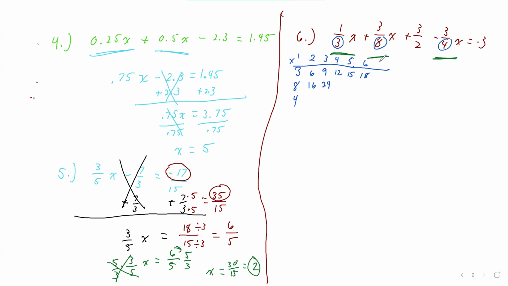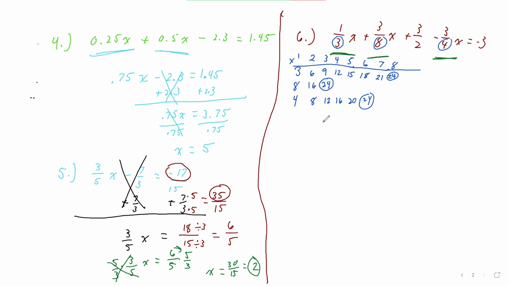Then I come back over here. 7 times 3, 8 times 3, 24. That's perfect. Now we got to get this one there. 4 times 2, 8. 3 times 4, 4 times 4, 5 times 4, 6 times 4. There it is. So 24 would be my common denominator.